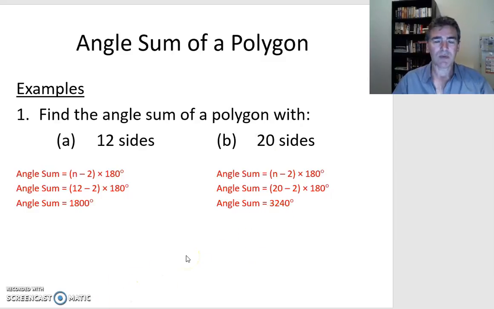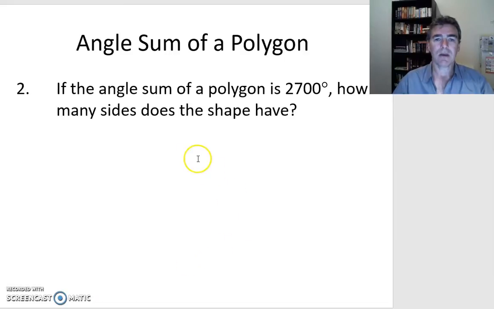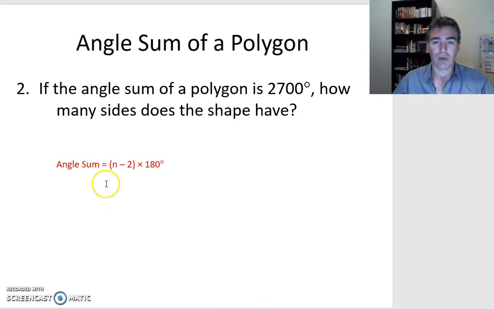So let's have a look at one more example. What if I already know what the angle sum is? Well, what I can do is I can work backwards and work out how many sides that particular shape has. The way I start is really no different to what I've done before. Write the rule. So the angle sum of any polygon is the number of sides minus 2.